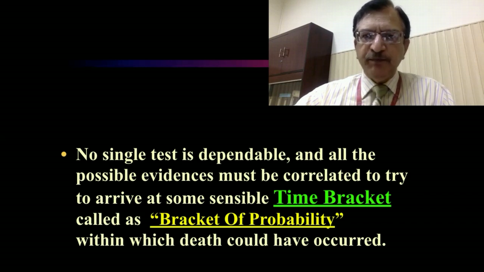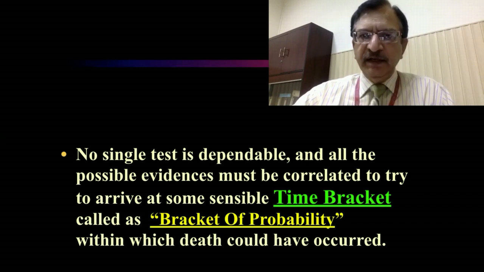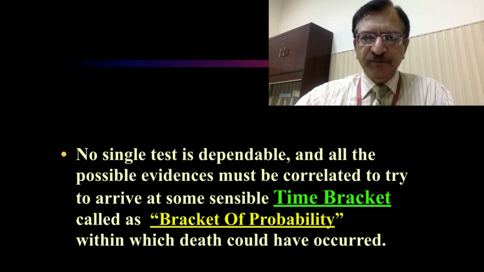So we cannot pinpoint the time of death if it is not a hospital case. In hospital, definitely the doctors are going to certify and they know the time of death. But when it is a homicidal case outside premises, then we give a bracket of probability.